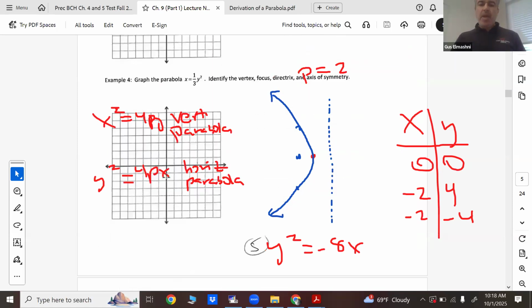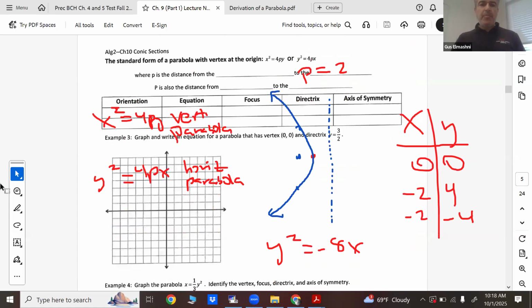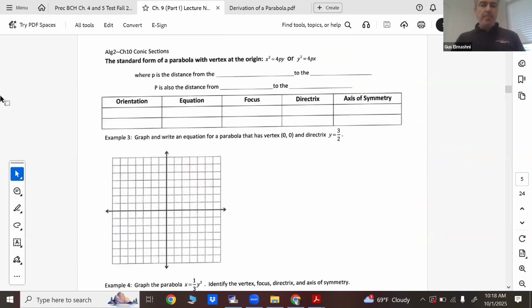So just to summarize what's happening here, these are the two forms where p is the distance from the focus to the vertex, and also the distance from the directrix to the vertex.